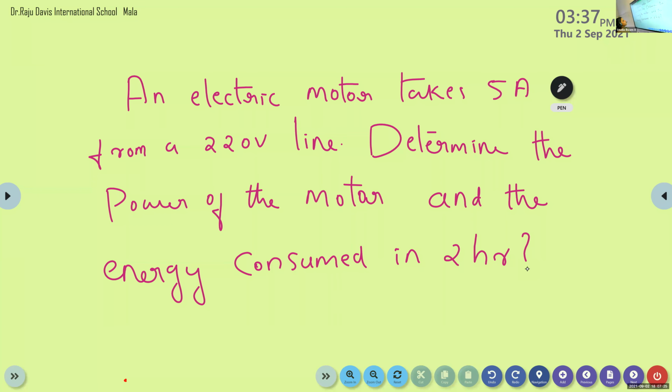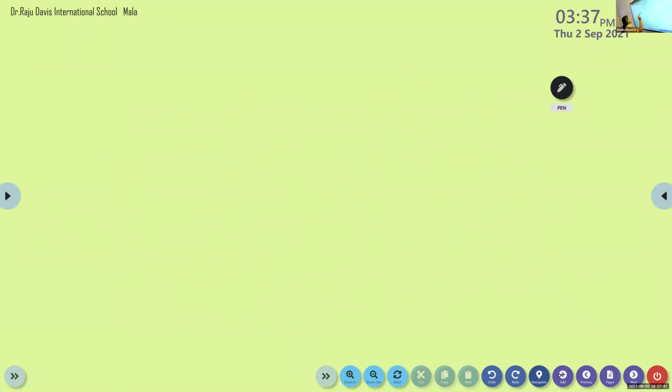Okay children, we can solve this problem. Did you get the answer? Here the value of current is provided and the value of voltage is given. So the first question, determine the power of the motor. What is the equation for calculating the power? P is equal to VI.